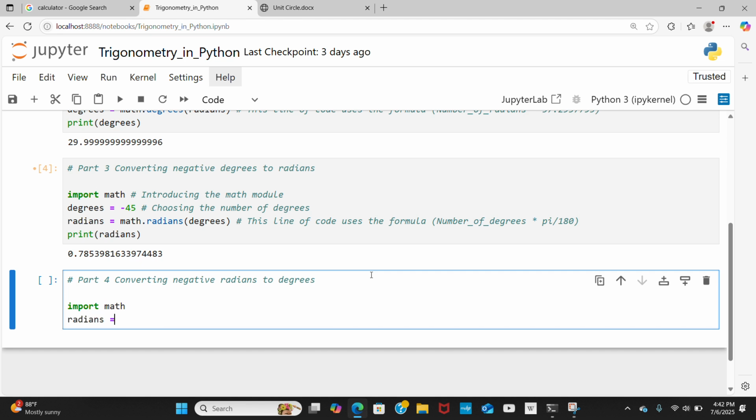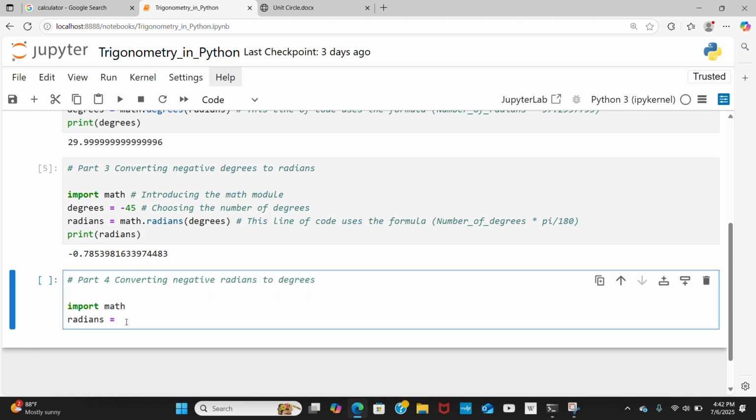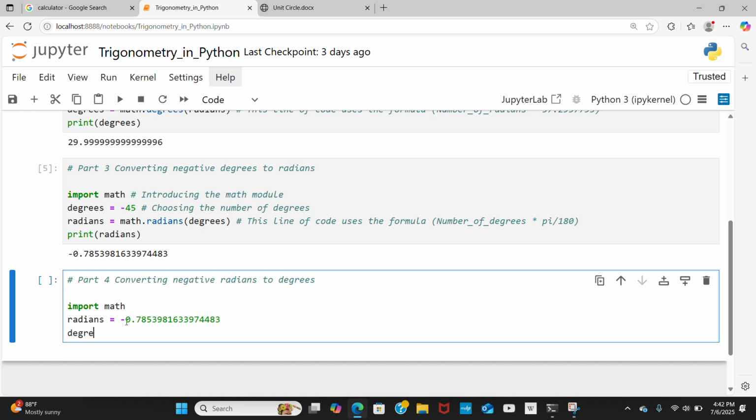Radians equal, I'm going to have to redo this so it says negative 0.785391 3981 6339 74483.